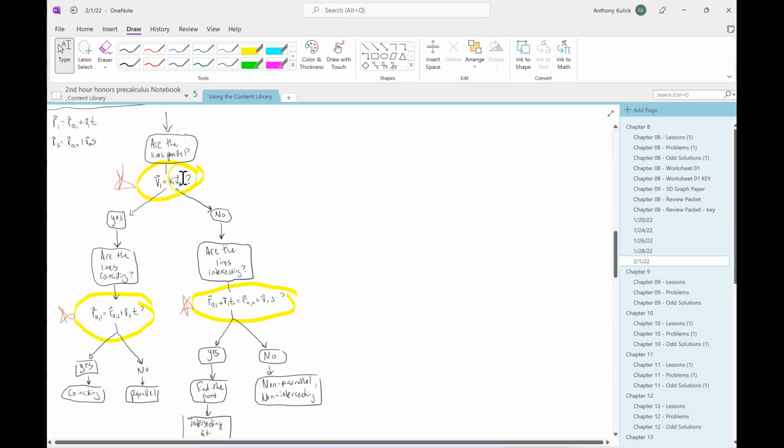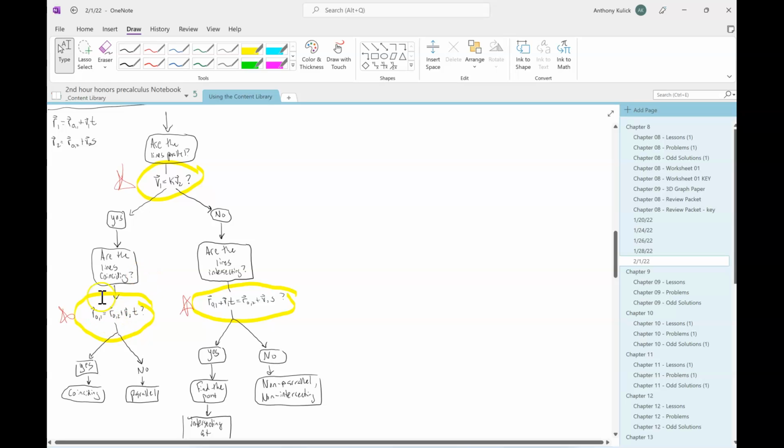Presuming that it is the case where the slope vectors are scalar multiples, then we'd want to check to see if the lines are coinciding. To do that, all we need to do is check to see if a point from one line is also a point on the other line.